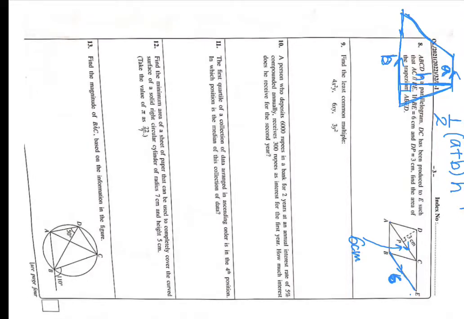AC has to be 6 cm. ABCD is a parallelogram. It was given. So here I can't find AB side and this DE side. So I can't use this equation, because these two sides AB and DE are not given. Then I have to use a different theory.